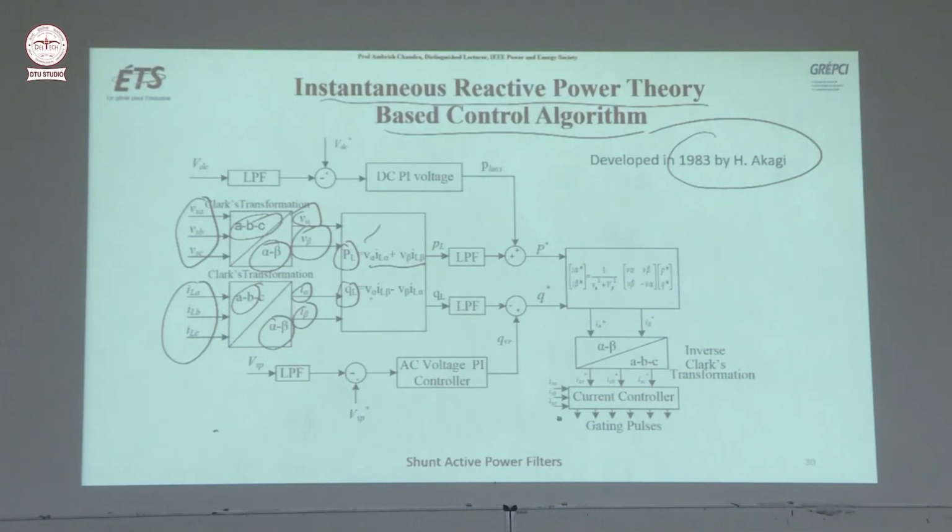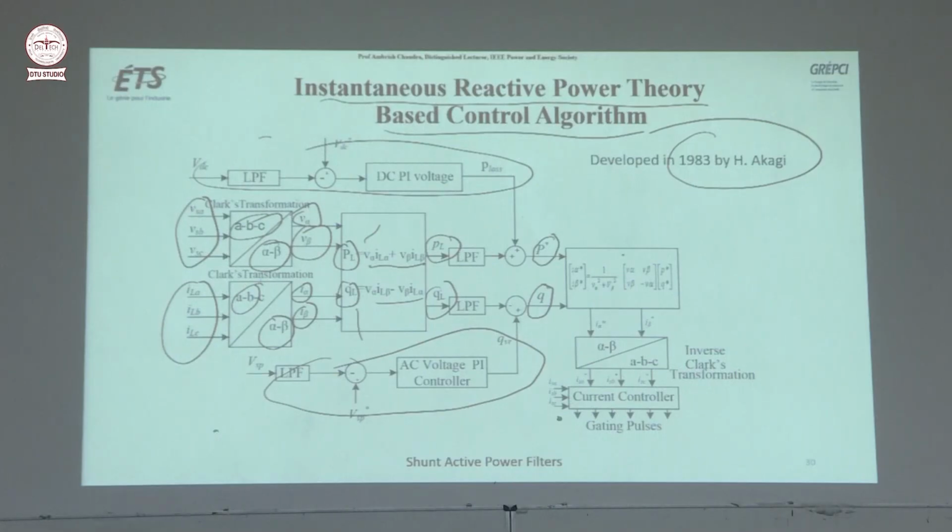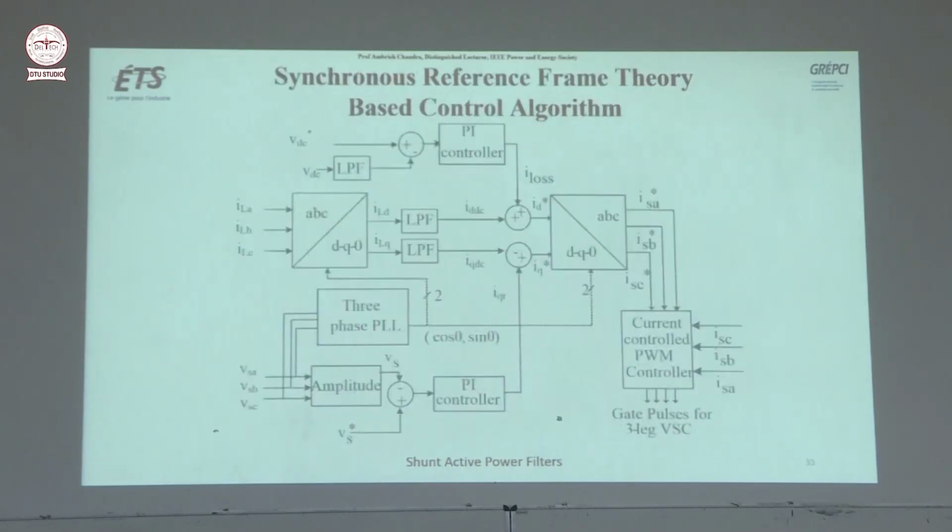He calculated load active power and reactive power using this equation, giving PL and QL, and finally instantaneous active power and instantaneous reactive power, by adding some losses here and some voltage regulation term. Finally, using this equation you calculate I alpha reference and I beta reference, and then do the inverse Clarke transformation, alpha-beta to ABC, and you get the three reference source currents. So this is the basic idea of instantaneous reactive power theory.